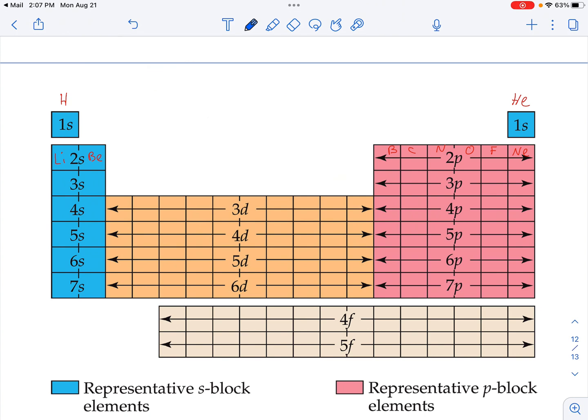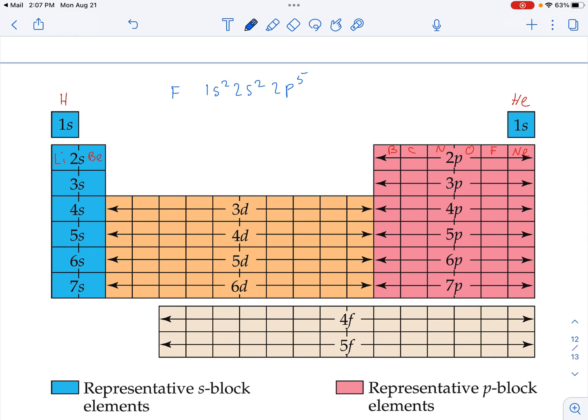So for example, for fluorine, I would just walk all the way across till I got to fluorine. So it would be 1s2, 2s2, 2p, 1, 2, 3, 4, 5. So that's how we use the periodic table to generate the configuration. And of course, I can keep going from there, but that covers most of what we're interested in.